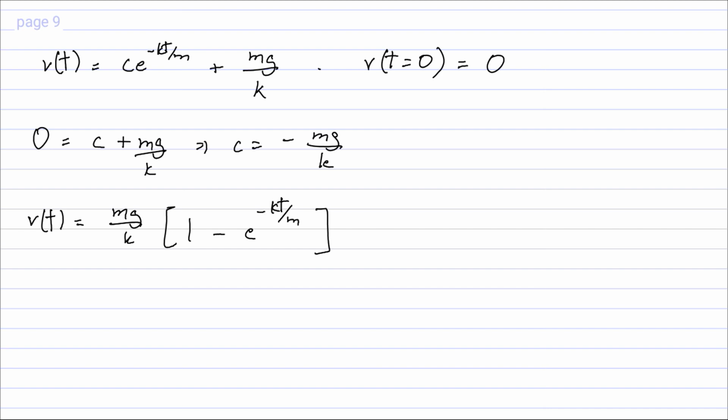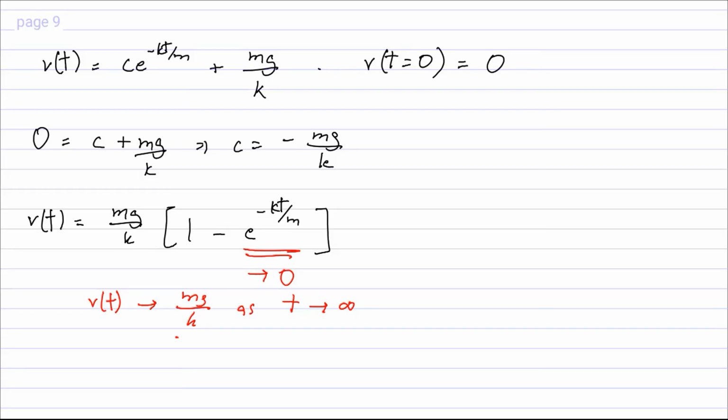Okay, as t becomes larger and larger, the object obtains a stationary value. The stationary value, of course, means that this exponential term approaches 0, because as t becomes infinity, the exponent becomes minus infinity, and you will get 0. So v of t approaches mg over k as t approaches infinity.